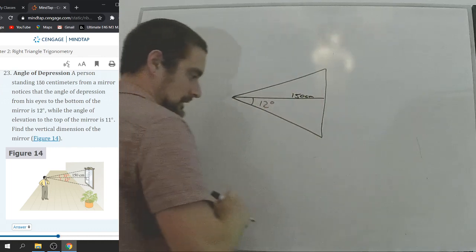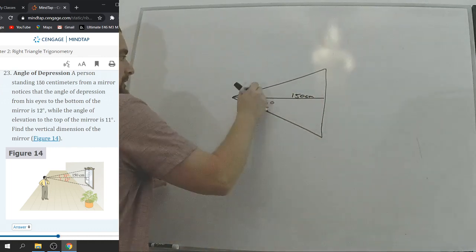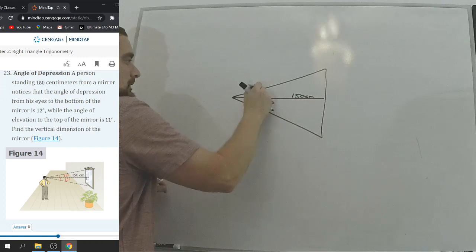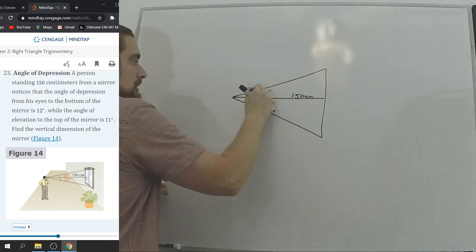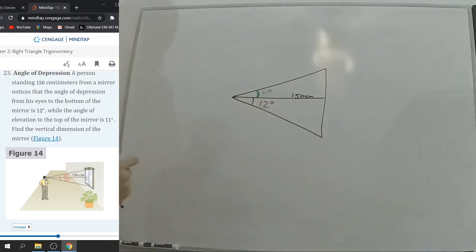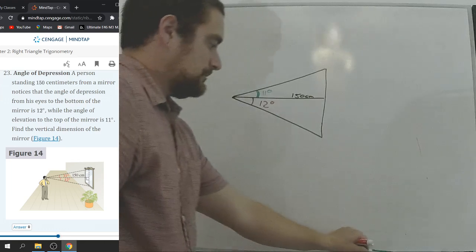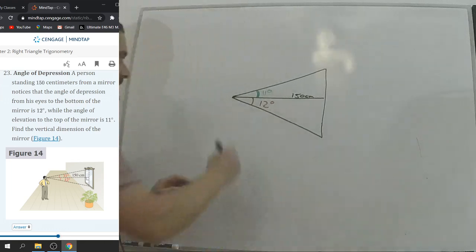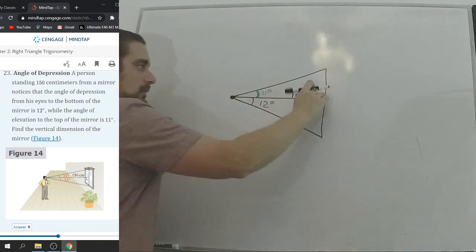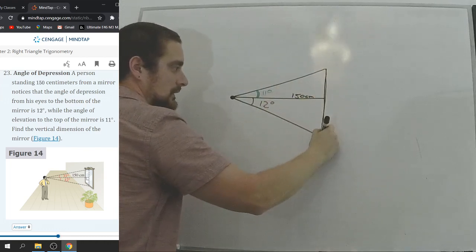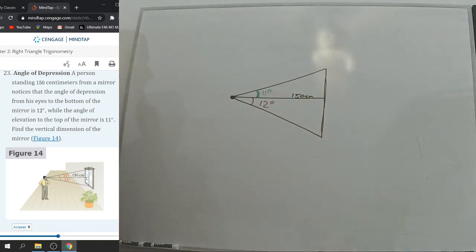There we go. And maybe we'll do the angle of elevation in green. So here are our eyeballs, and we know we're 150 centimeters away. The question is, what is the height of that mirror?